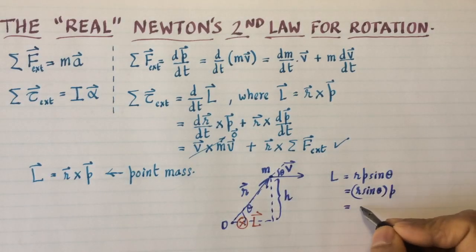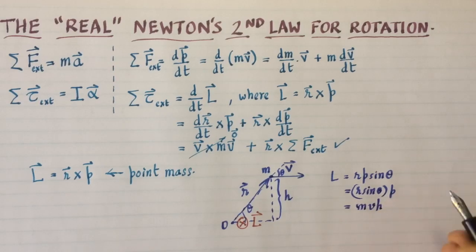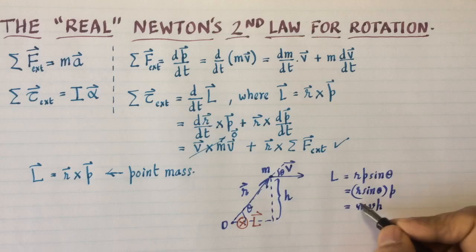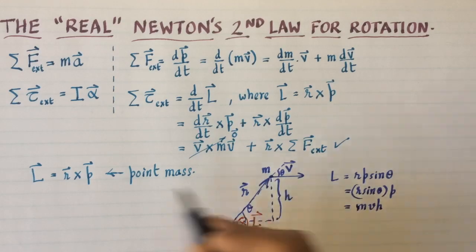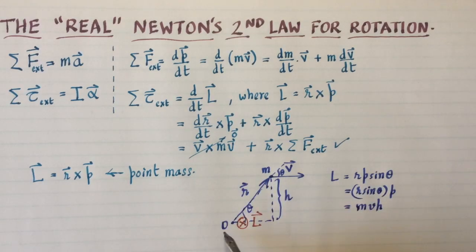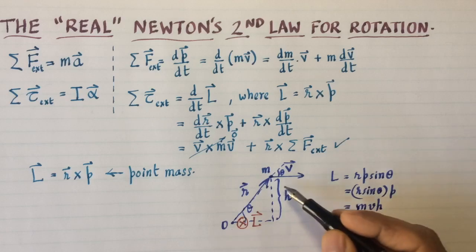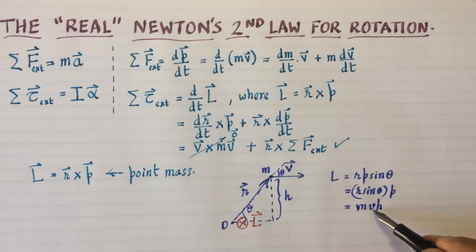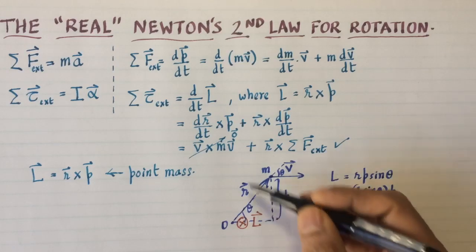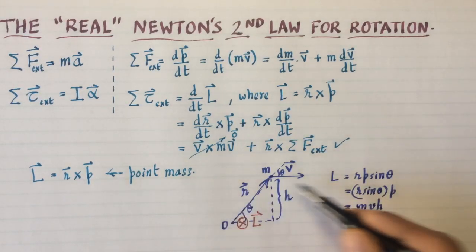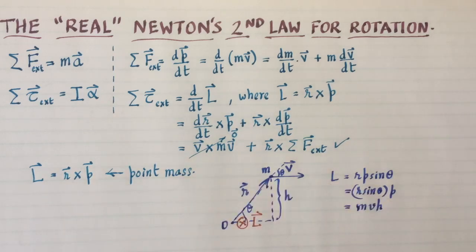So that's going to be, p is mv, so that's just mv times the height. So basically what I've tried to show you is that if you have a point particle moving at a constant speed, and you're looking at that point particle from some distance, the angular momentum is going to be constant. It's just going to be the mass times the speed times the direct distance of the object. So if you have an airplane flying at a constant height, its angular momentum is always going to be constant, and it's going to point in a direction given by the right hand rule.